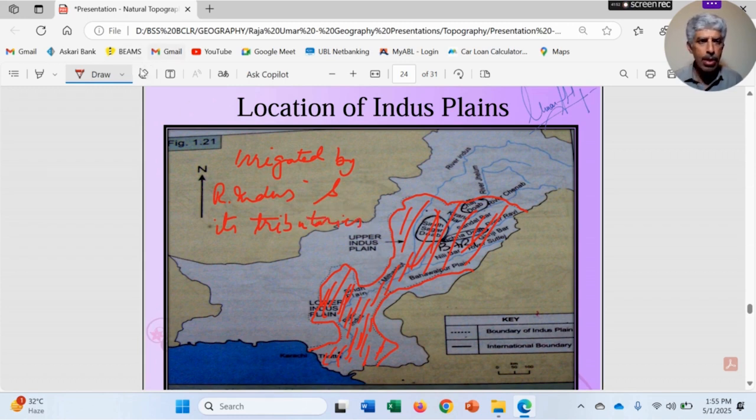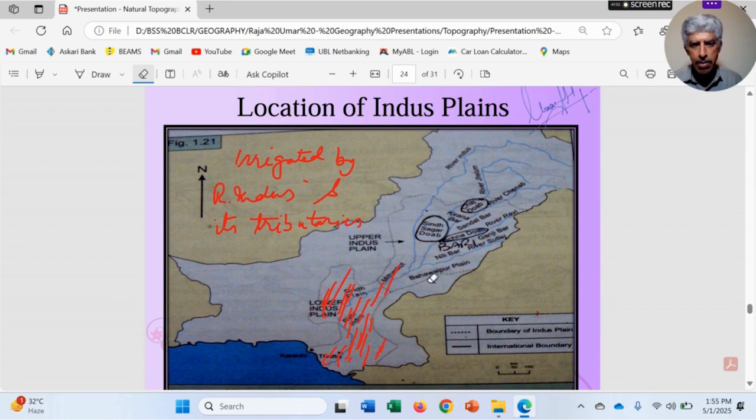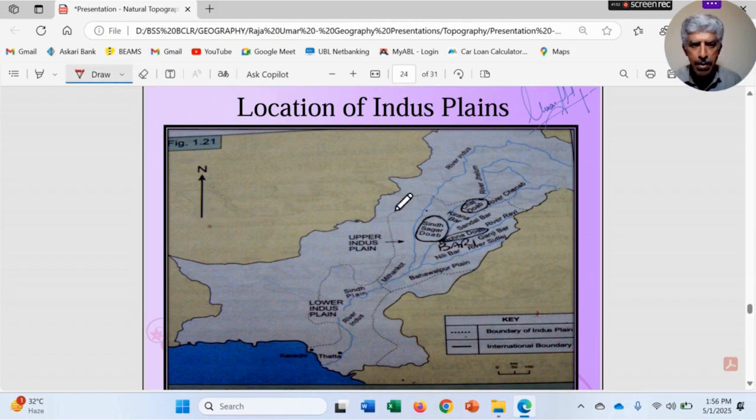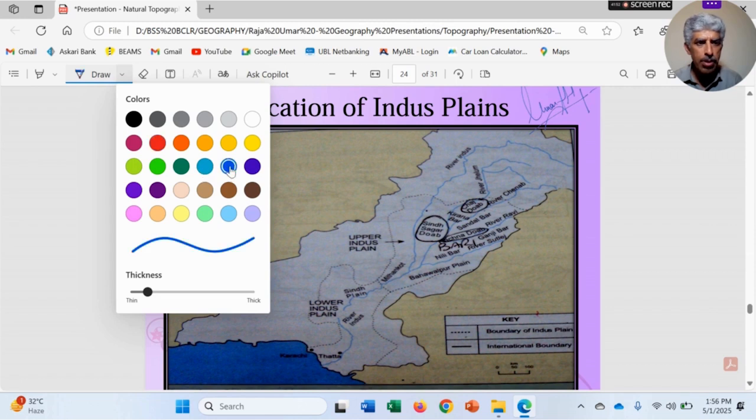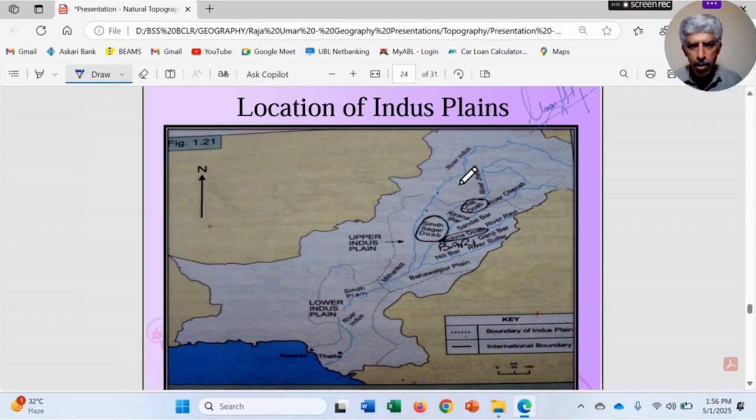So if you just look in this map now, what you see is that this whole identified region of Indus Plain is irrigated by river Indus and the tributaries of river Indus. How? If you just look, here comes Indus River, enters into the Indus Plain and flows southwards, then southwestwards, and then further southwards, and finally it falls into the Arabian Sea.